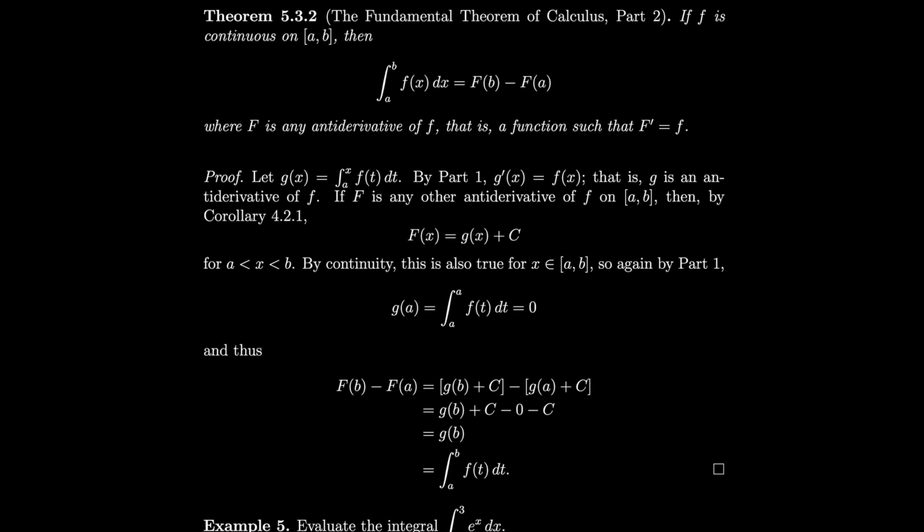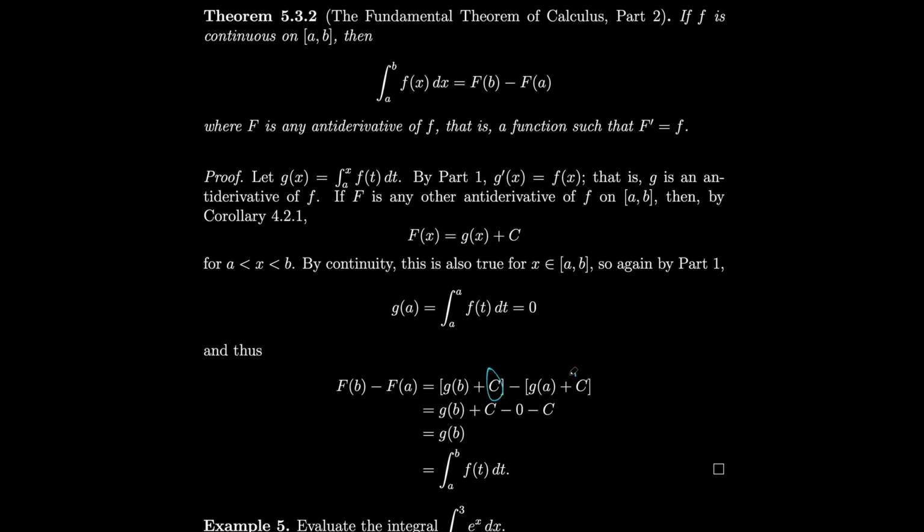So we can apply part 1 again, and we see that g of a will just be 0, because that's the integral from a to a when we plug in x equals a. Therefore, capital F of b minus capital F of a is equal to, let's see, you just plug in b over here, so we get g of b plus some constant, minus g of a plus a constant by plugging in a over here.